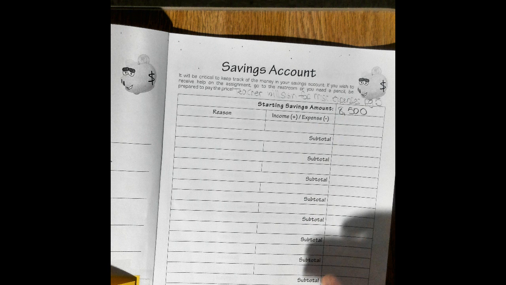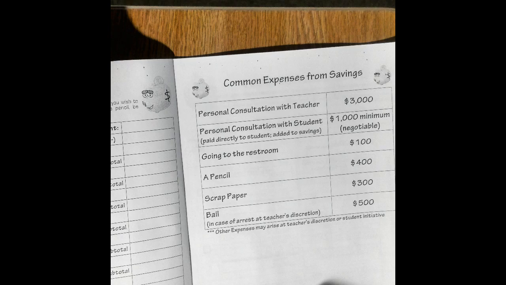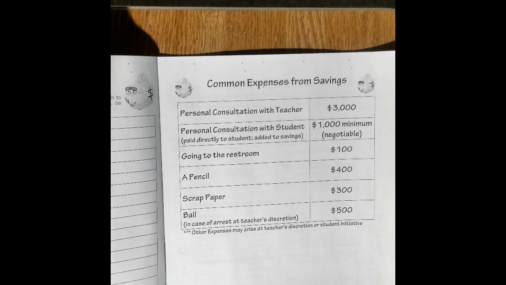Now, just so you are aware, as we work, these are things that can come from savings at any time. If you need help from the teacher, it's going to cost you $3,000 from your savings because you need a personal consultant. If you have a consultation with a student, the student may charge you $1,000 so they can add it to their savings and they can take money from you. That is also negotiable.